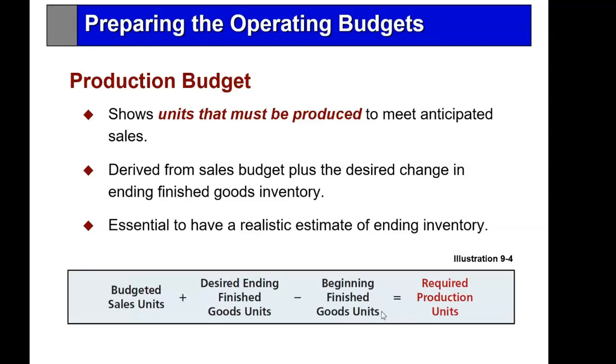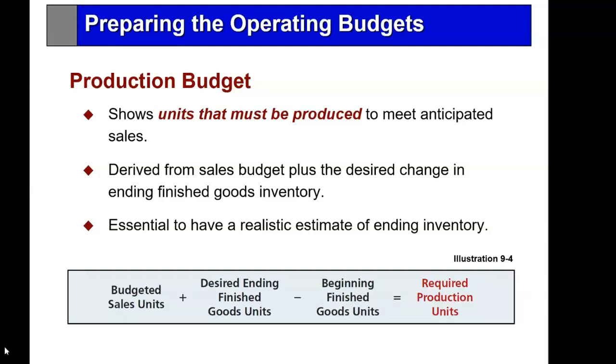So what was produced the quarter before this quarter was enough to meet the sales of that quarter and the ending inventory, which is this quarter. So in every quarter, I must produce to desired ending inventory, but I also have a beginning finished goods inventory. That was produced last quarter.